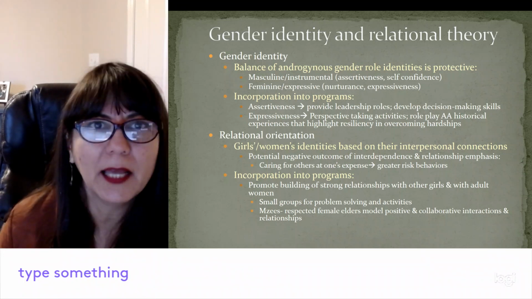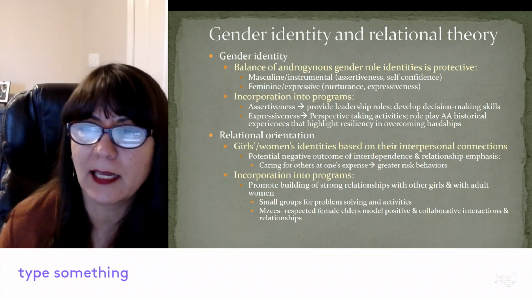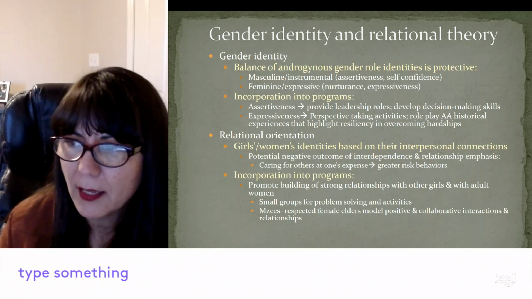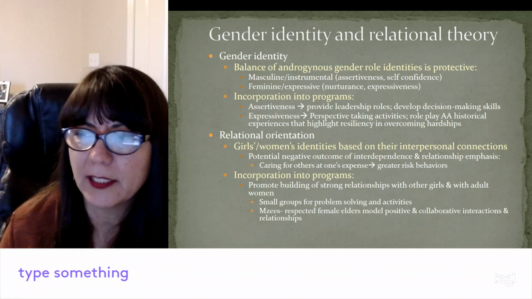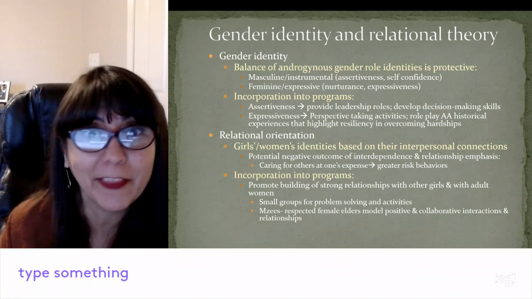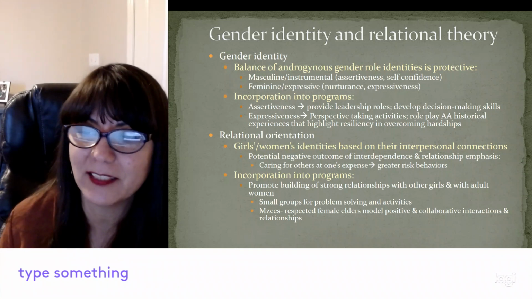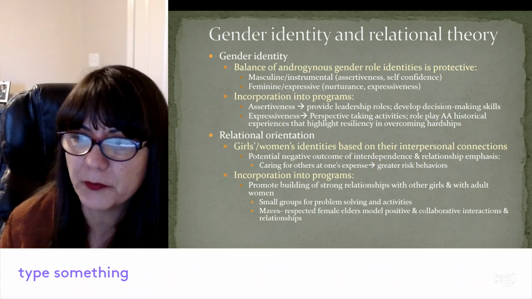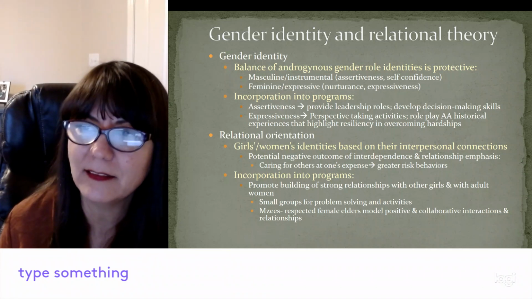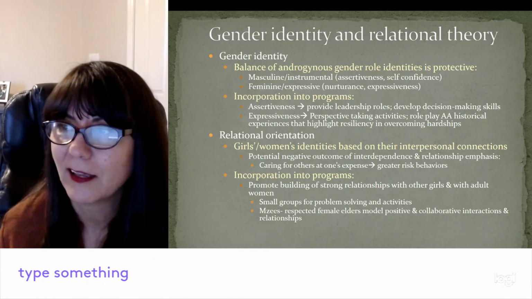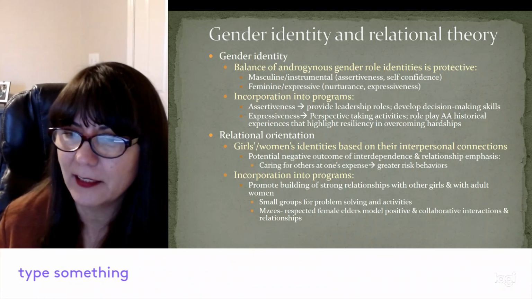And so how did they incorporate gender identity and relational orientation into the program? So they wanted to help build strong, healthy relationships, right, with other girls and with adult women. And so they incorporated small groups for problem solving and activities to help with that instrumental, masculine part of the identity.